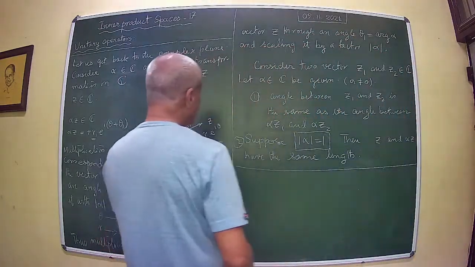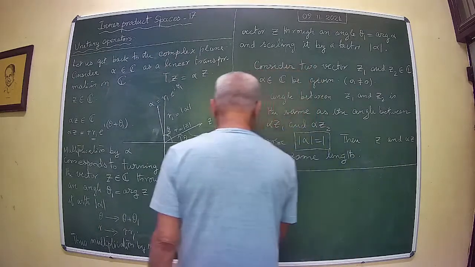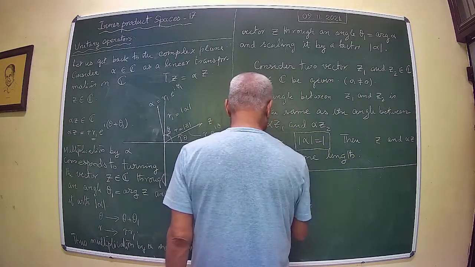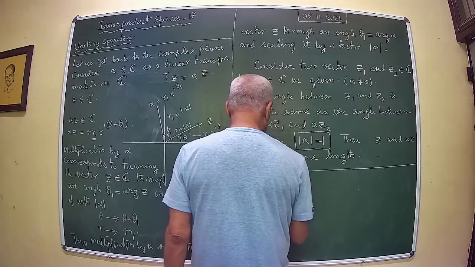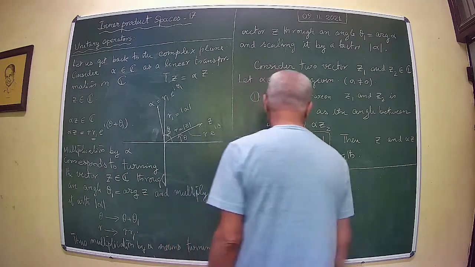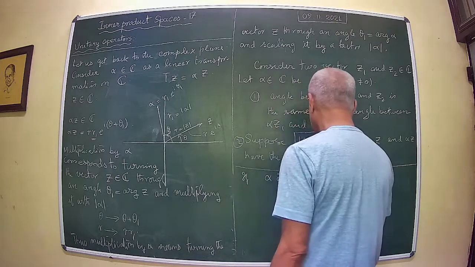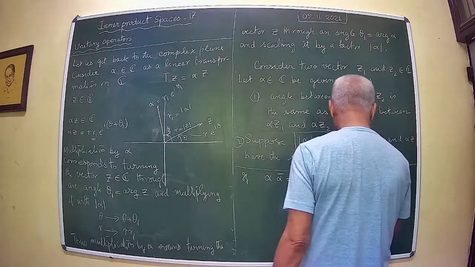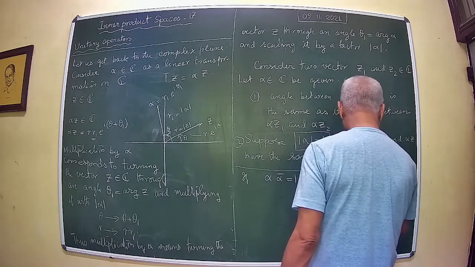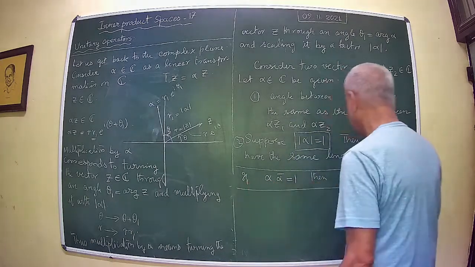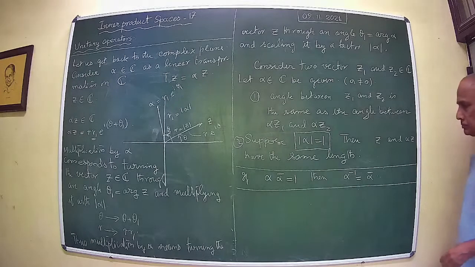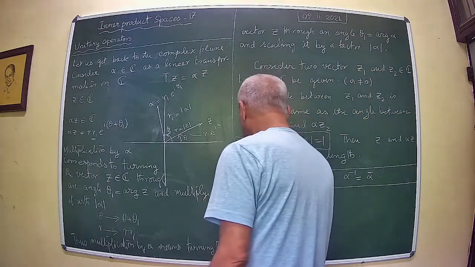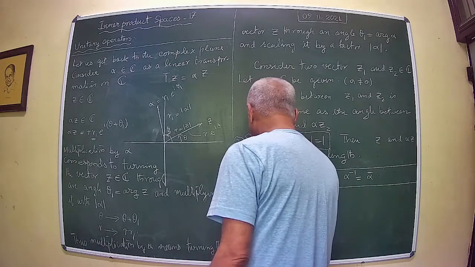We also observe that if alpha conjugate times alpha equals 1, then alpha conjugate equals alpha inverse. This is also an observation that we make. What are the analogous things? So we now define what are called unitary operators.